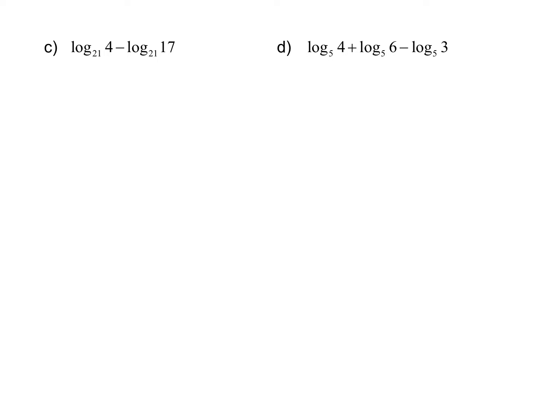All right, so again, logarithm base 21. So we're going to keep that base of 21, and we'll have 4 divided by 17 as our value inside of our logarithm. And we can extend it to 3 terms, or even more. So the first one, of course, logarithm base 5, we're going to have 4 times 6, and we can actually do it all at the same time.